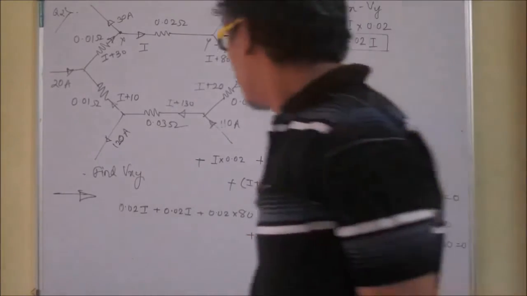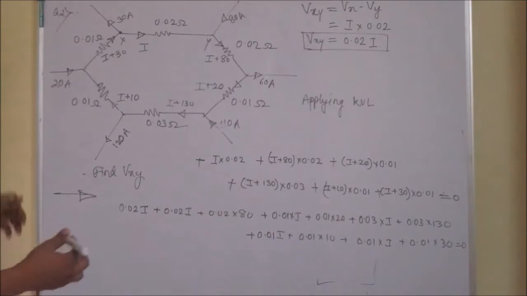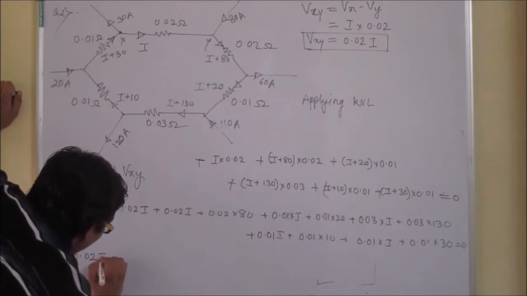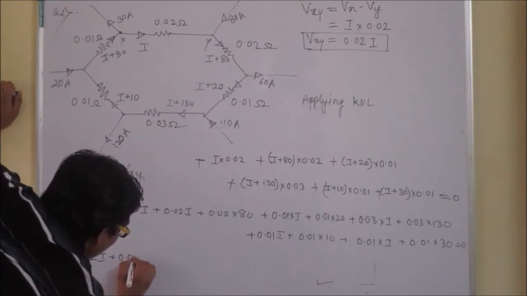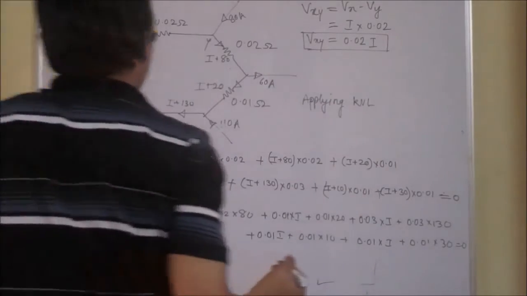I'll just simplify it. I will take all the terms of I on one side, that is 0.02 I plus 0.02 I. I will just underline first.